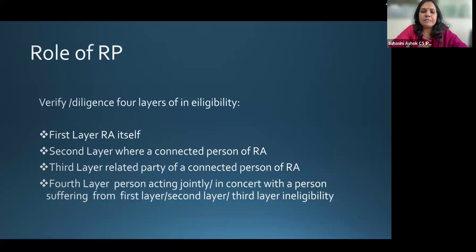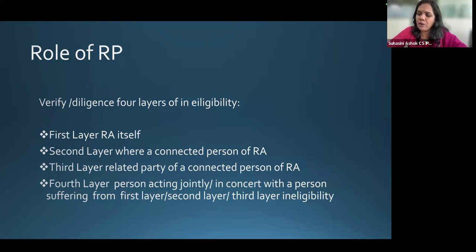So now I'll discuss just a few layers of how RP has to verify diligence of ineligibility. 4 layers. First, we will check the resolution applicant himself. Suppose company A is applying with an expression of interest. You will see in the first layer whether company A is eligible.